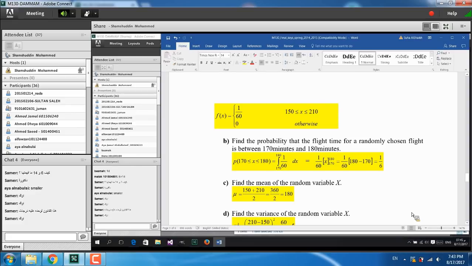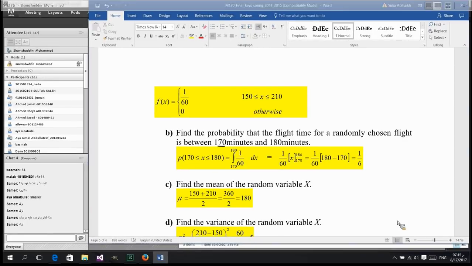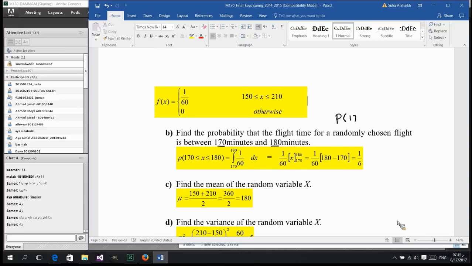Find the probability that the flight time for a randomly chosen flight is between 170 and 180 minutes. What do they want? Probability between 170 and 180. Since this is a density function, I need to find the integration from 170 to 180 of the function that I have, which is 1 over 60.